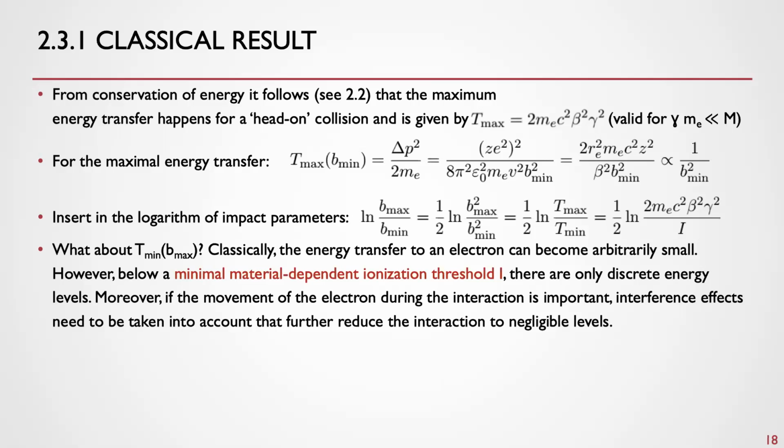Below the lowest energy level, no energy transfer is possible. Hence, we replace the minimum energy transfer by a material-dependent quantity, which is the ionization threshold. This material-dependent quantity can be measured.